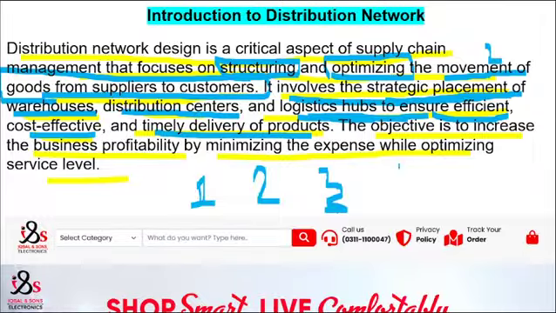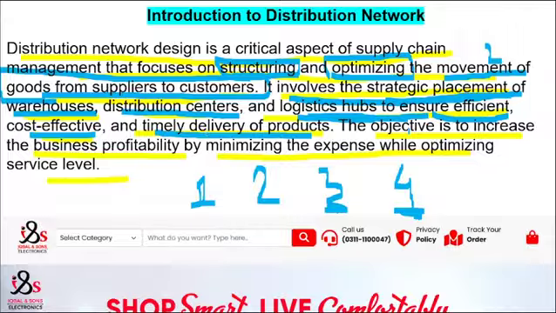What's the fourth thing? To ensure the efficient, cost-effective, and timely delivery of products. What is it doing? It ensures efficient, like best, cost-effective, and timely delivery of products. That structure is doing the work, the function.